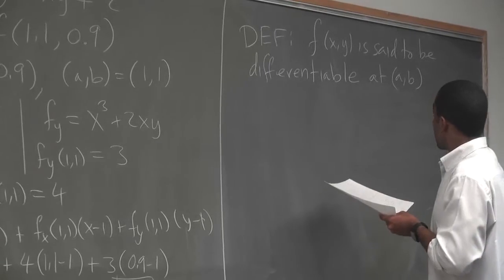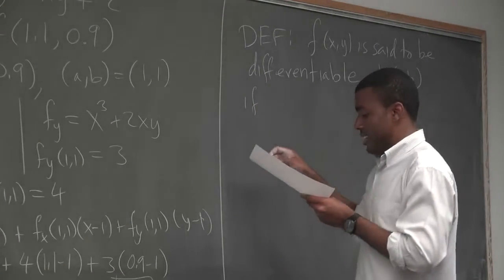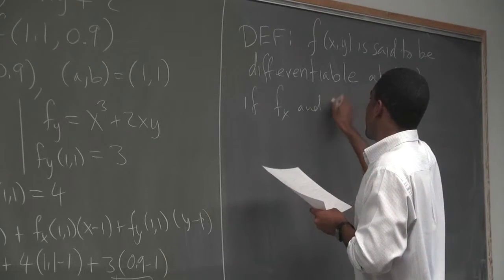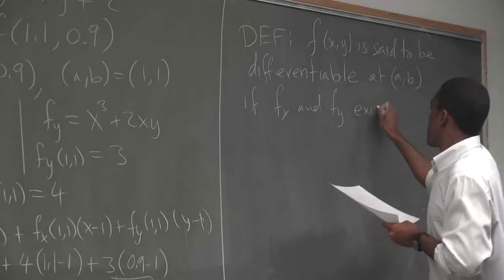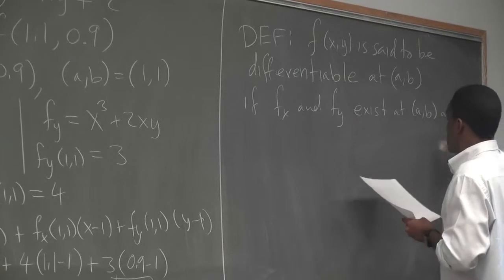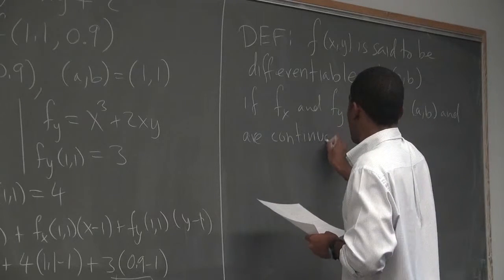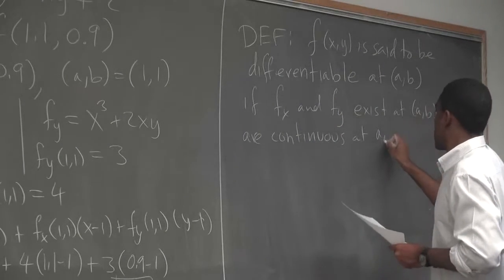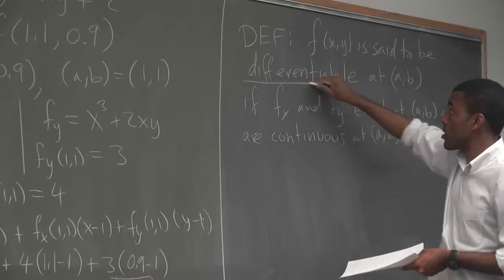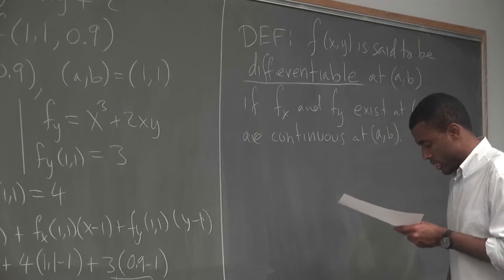Differentiable at a, b if fx and fy exist at a, b and are continuous. Right, so that's a simple criterion to check. We say something is differentiable if both partials exist and they're continuous there.